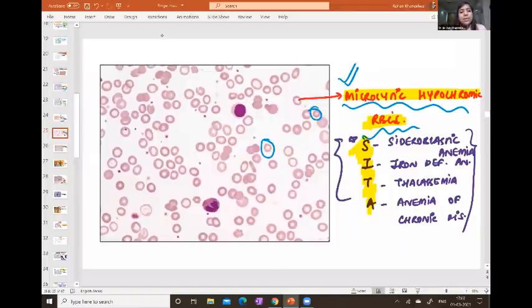So in all these conditions, we see microcytic hypochromic RBCs, right? So whenever the patient's MCV, MCH will be given as low, the patient will be given as having pallor and the peripheral smear showing microcytic hypochromic anemia, you just have to think about these 4 conditions, right?